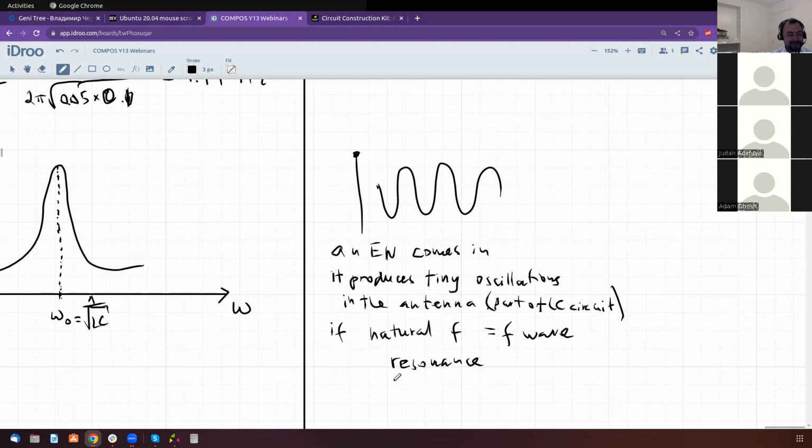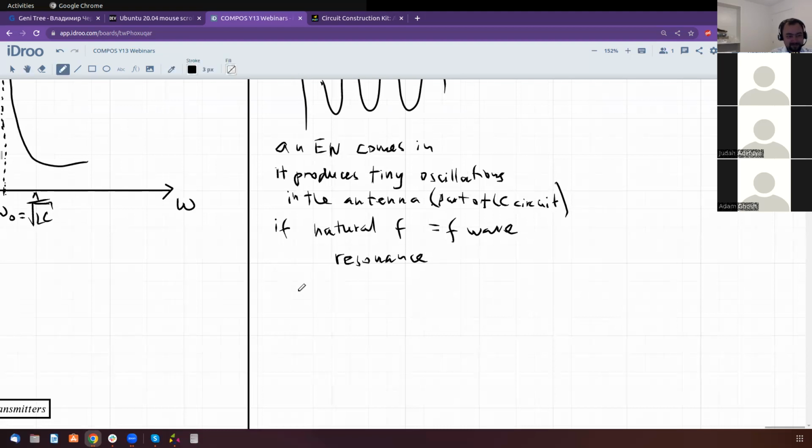What's the frequency for BBC Radio 2? Does anyone remember? I'm not sure, but Radio 2, my favorite radio. It's 88 to 91 FM, so it's 88 to 91 megahertz.